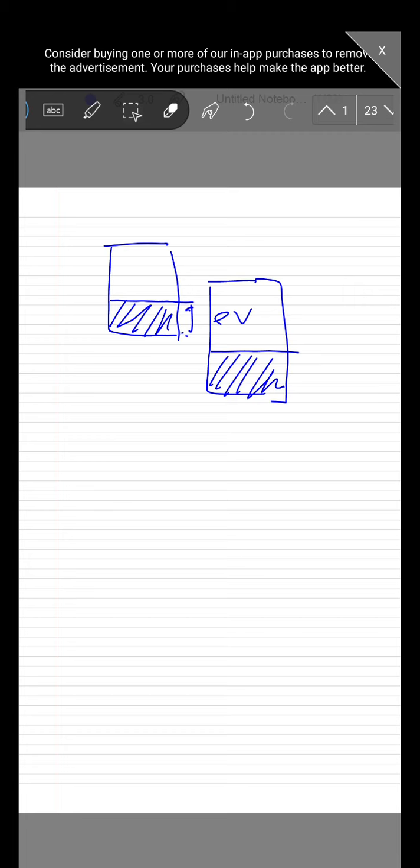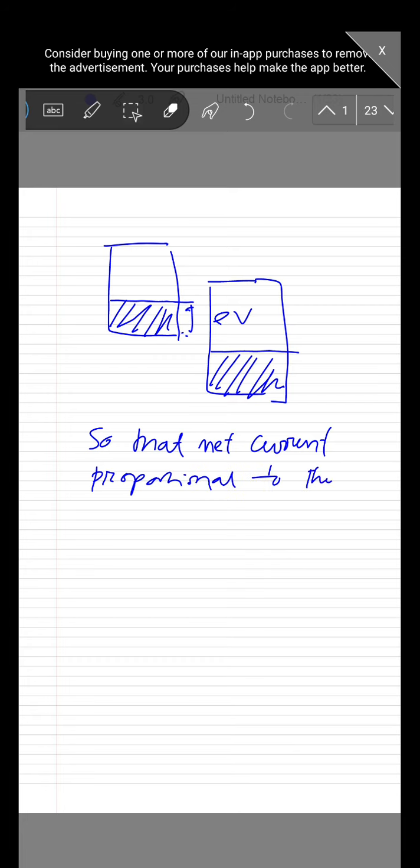Now the reason it does this is so that the net current flowing through them is proportional to the number of states in this energy range.